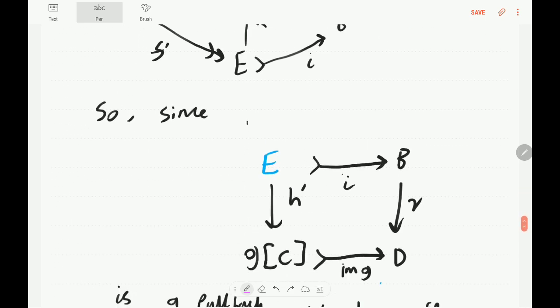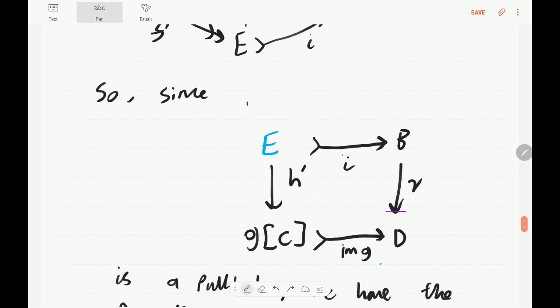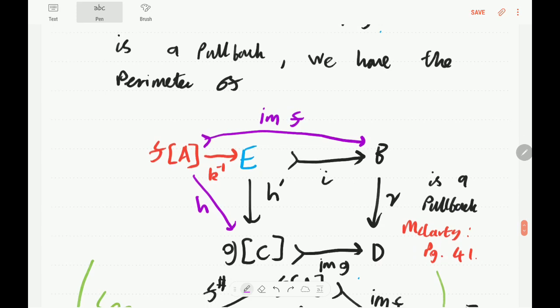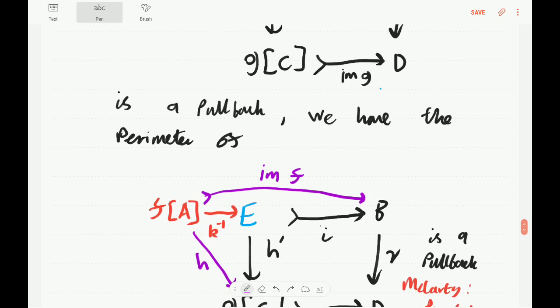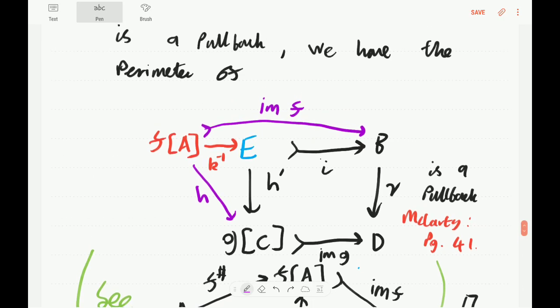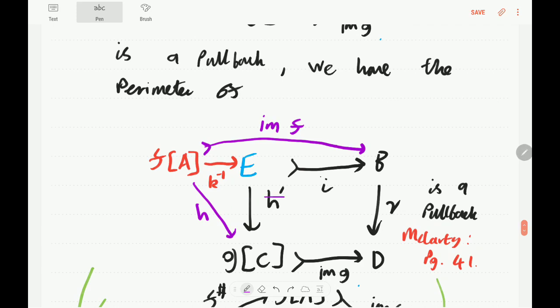So we've shown that this is a pullback. And so using that triangle, we can define H to be H dash after F dash.